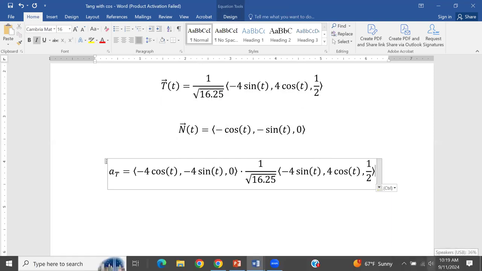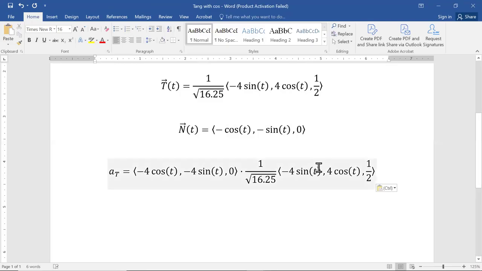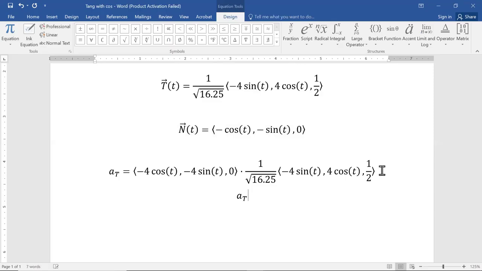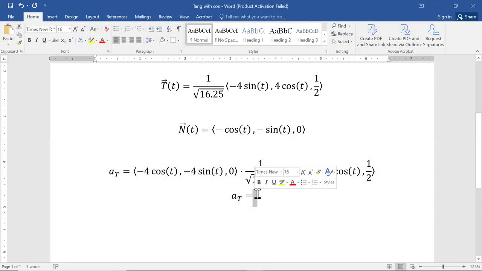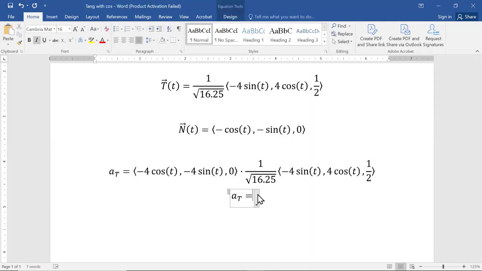So acceleration dot product with unit normal. So a sub t is equal to, well, this coefficient can be kind of moved out front. So 1 over square root of 16.25.